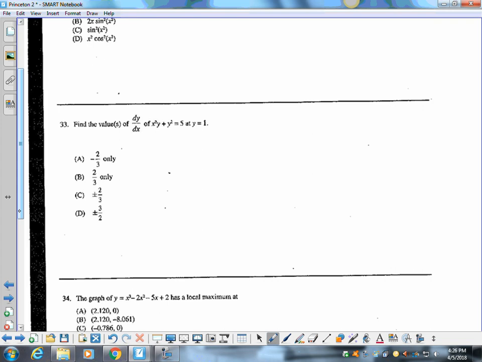Okay, so first of all, this is implicit differentiation because there are x's and y's all in my problem. So here we go. First, let's find the derivative. So I'm going to take the derivative, leave it, plus leave it, take the derivative, which would be 1, but then I need a dy dx because it's a y, plus take the derivative, and then dy dx, and then equals 0.